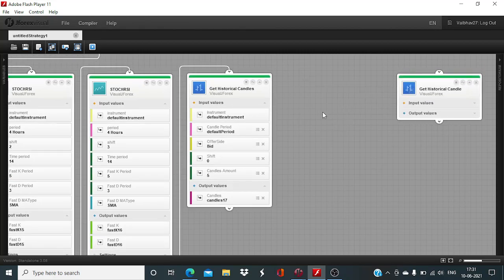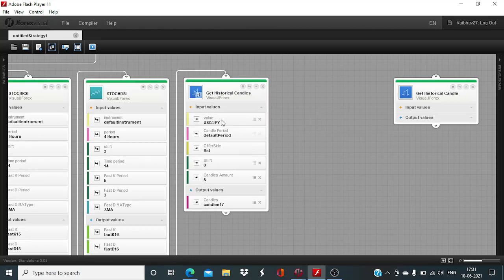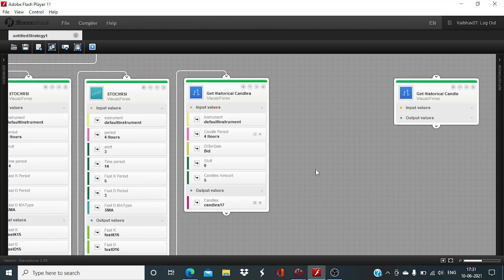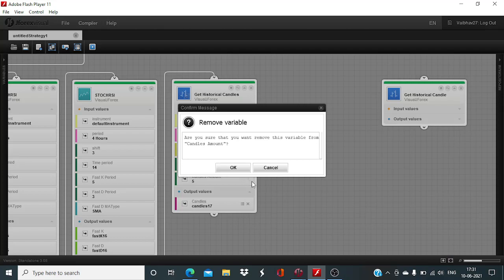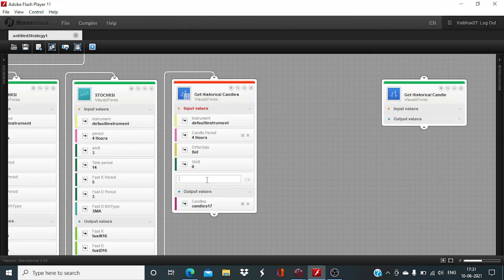We will also need to get in the loop viewer. This will be changed to 4 hours, and here I will keep the shift at 0, but this candle amount will be changed to 4.